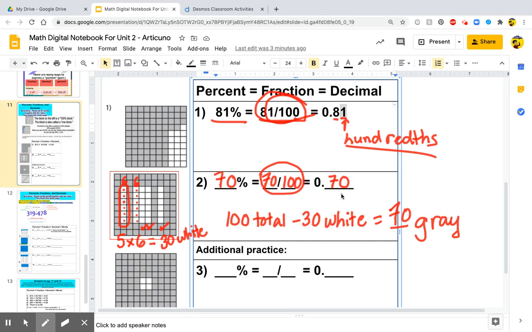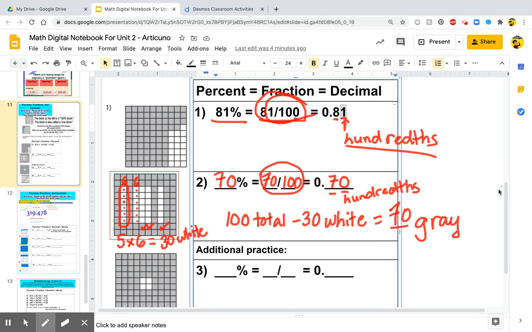This is 70 hundredths. Okay. So we also need to learn how to say this without saying 0.70. If we use the tenths place and the hundredths place, and all those special words, that'll help us. Okay. 70 hundredths. Why is this 70 hundredths? Because the zero is in the hundredths place.